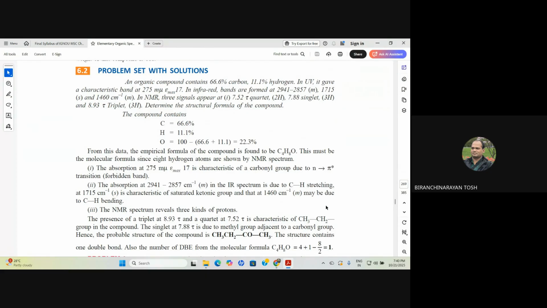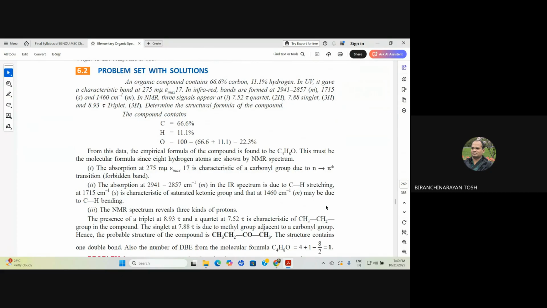Since 8 hydrogen atoms are shown by NMR, you can see the 2 proton quartet, 3 proton singlet, and 3 proton triplet, so total 8 protons, 8 hydrogens. In the formula also there are 8 hydrogens, so this is the molecular formula. At 275 nanometer, you are getting the peak in UV visible.